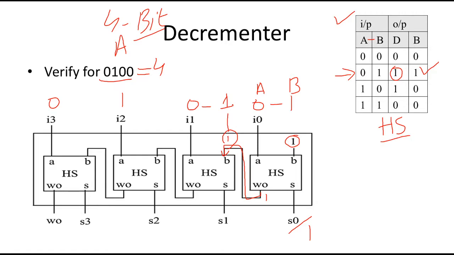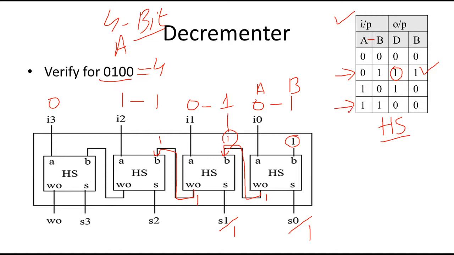Difference is 1, and borrow is also 1, which again goes to the next half subtractor. So next is 1 minus 1, with the borrow from the previous half subtractor. So 1 minus 1 is equal to 0.